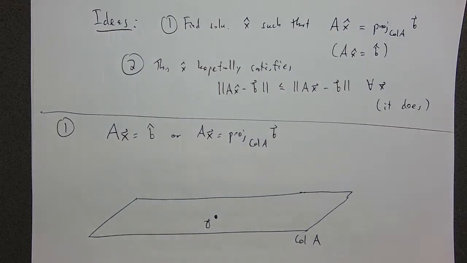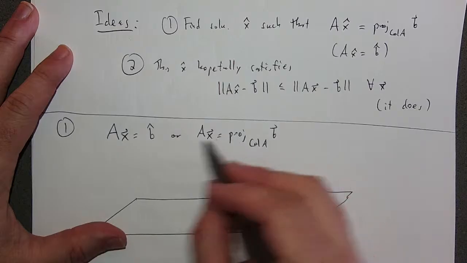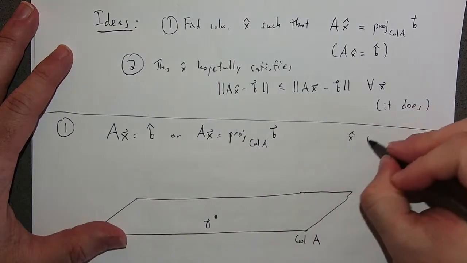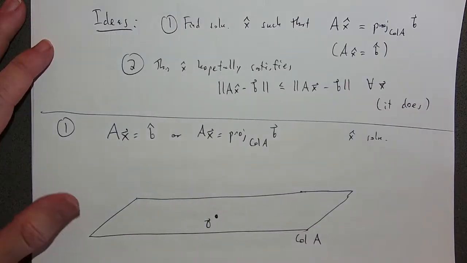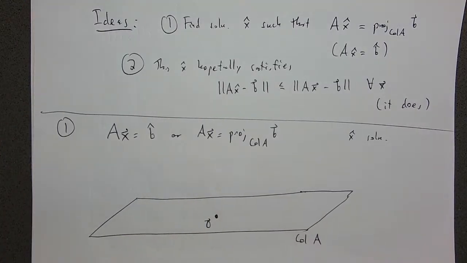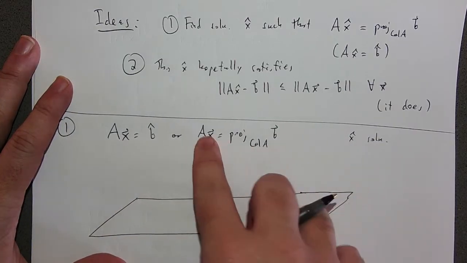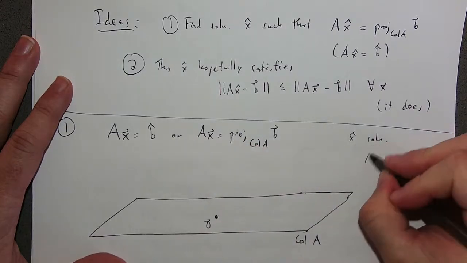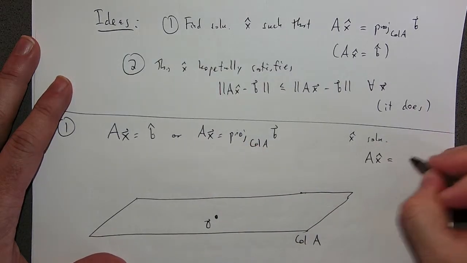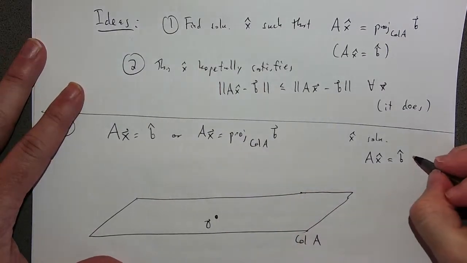Okay. The x hat that I find, what the solution to this, if we're calling this x hat, so x hat is my solution. x hat doesn't have to be in the column space, but A x hat has to be in the column space since it is equal to this projection, right? So note, if x hat is a solution, then A x hat equals b hat, or this projection, which is definitely in the column space.